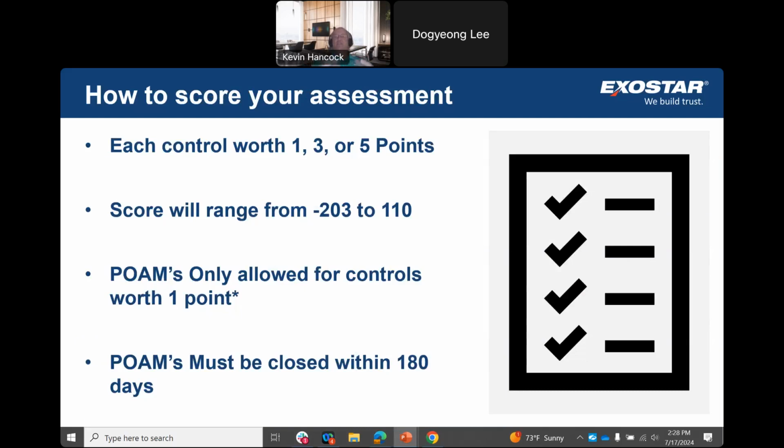So if you've got all the ones done, but you got a bunch of negative 3s and negative 5s, your score is going to be in the negative realm. Not great, but you'll at least know what you need to fix. Now, the way the assessors are going to work, right?